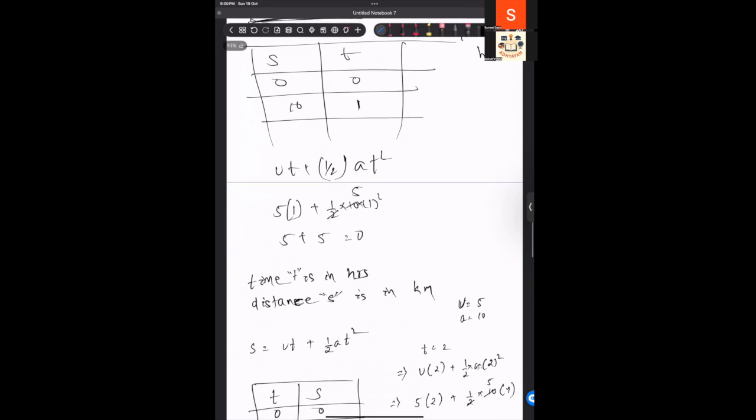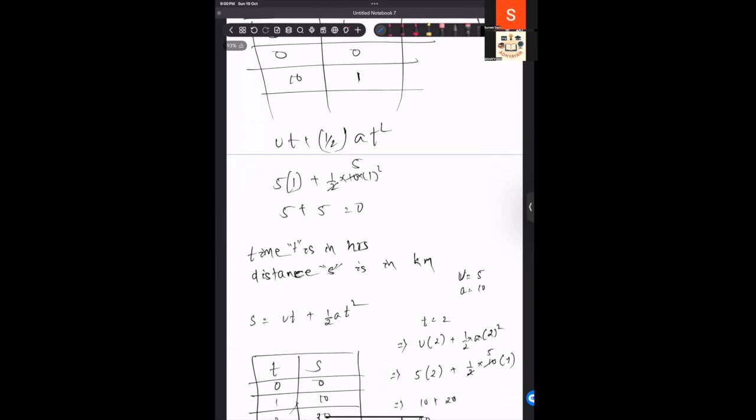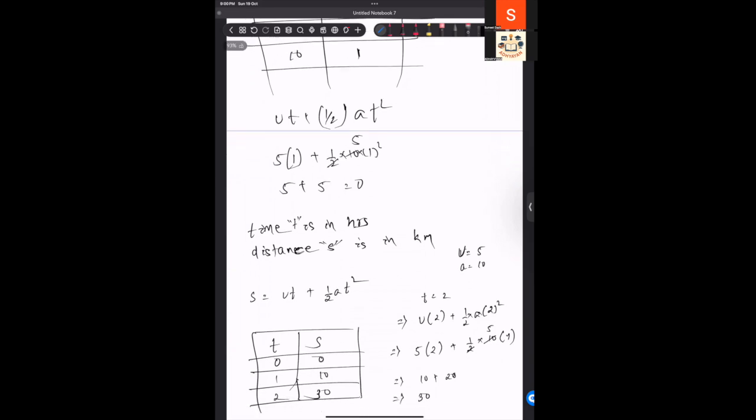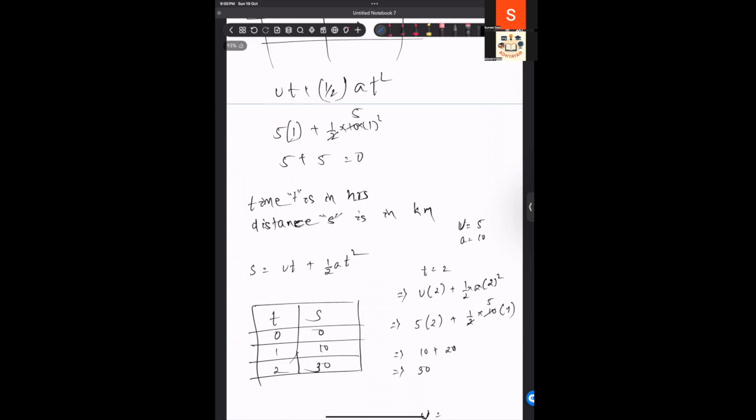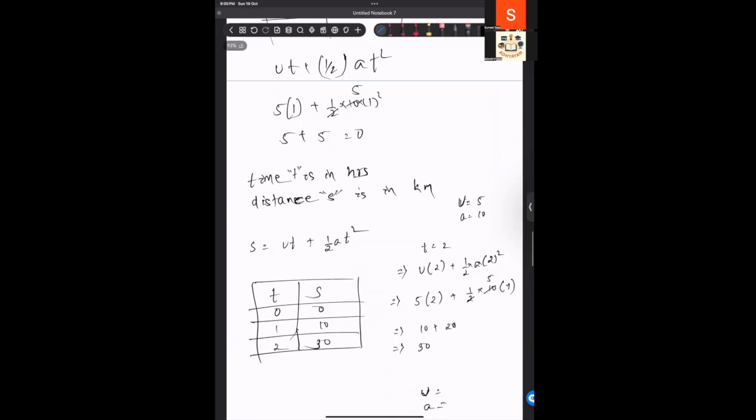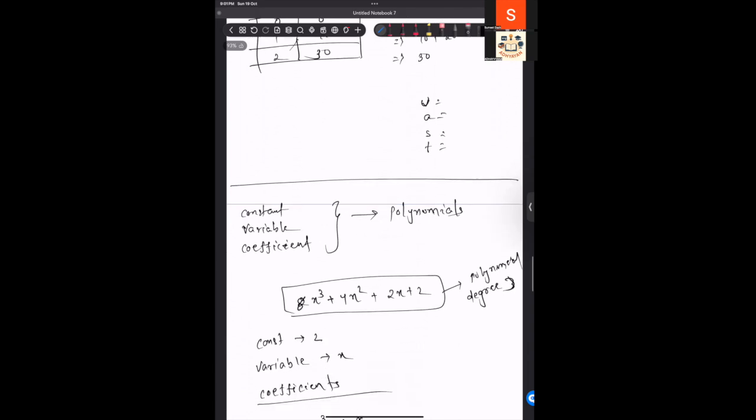Based on that, we tried to understand, for any given value, how we can determine the behavior of the system. Considering time as a variable, we determined the distance based on the time, assuming that velocity and acceleration are constant or given.